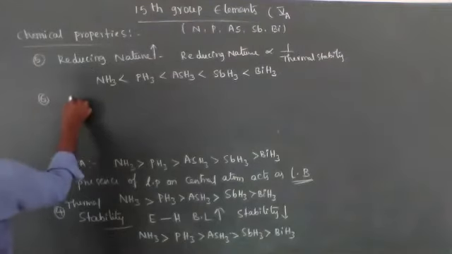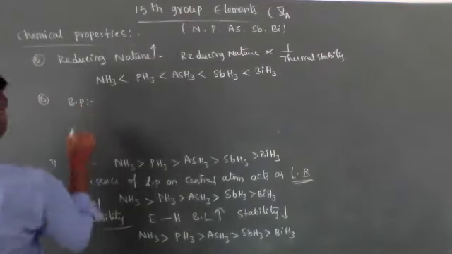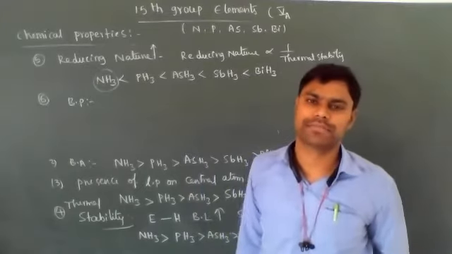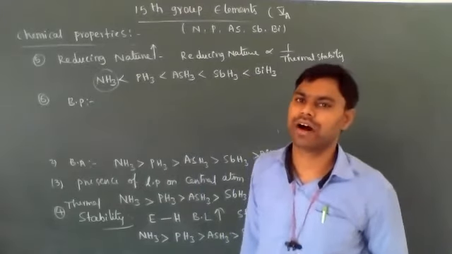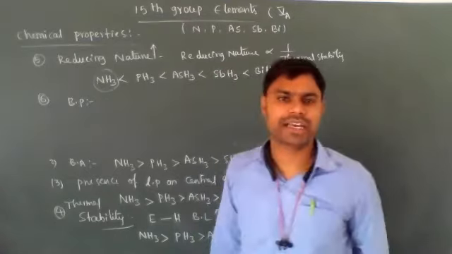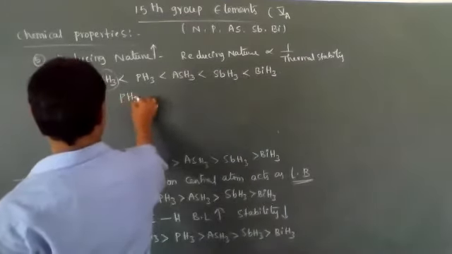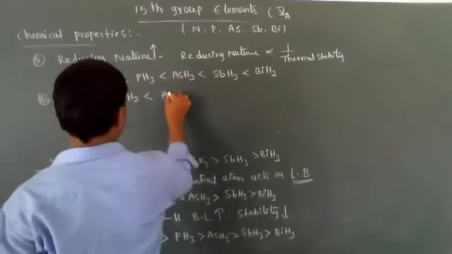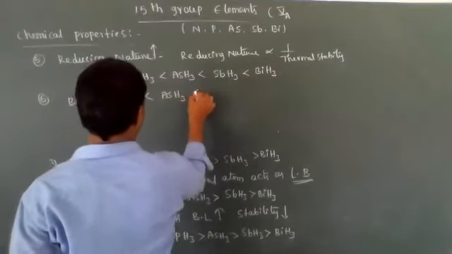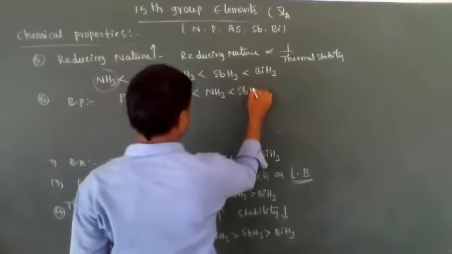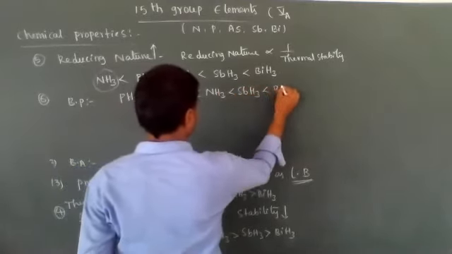See, boiling point orders. If you observe, NH3 abnormally has more melting and boiling points because NH3 is able to form intermolecular hydrogen bonding with water. That's why PH3 has less boiling point when compared to AsH3, and then NH3, and then SbH3, and then BiH3.